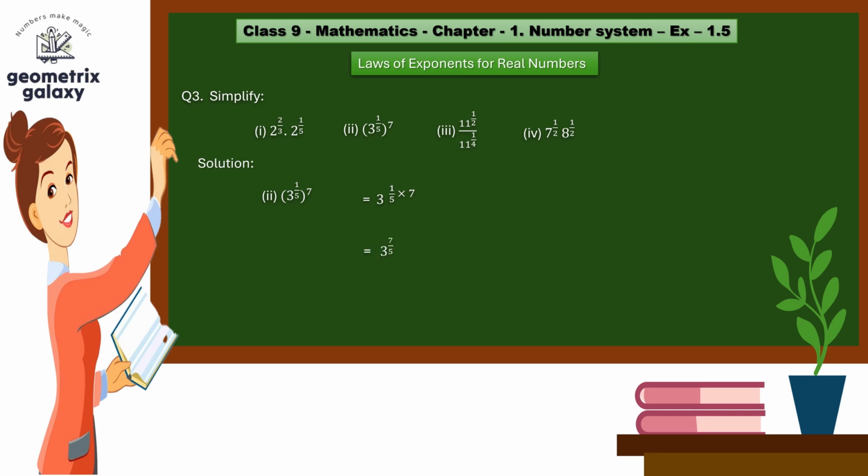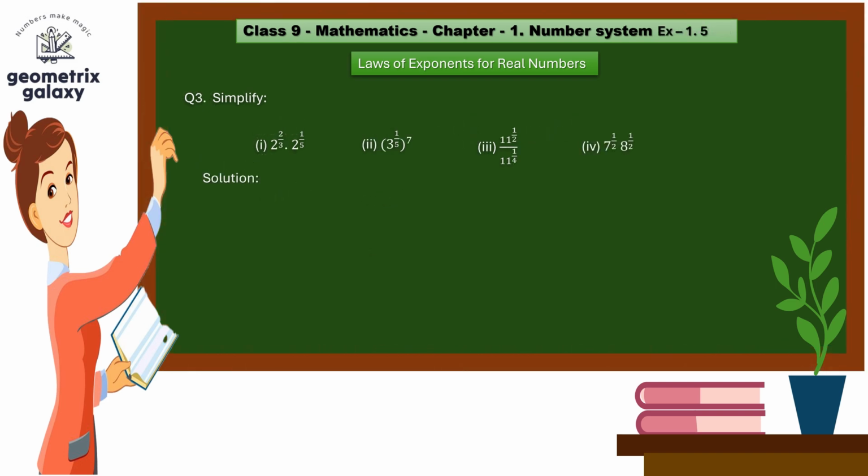Third subdivision is 11 to the power 1 by 2 divided by 11 to the power 1 by 4. Now here the operation is division. The bases are same but the powers are different. So here what we will do? We will write the base and subtract the powers. So 11 to the power half minus 1 by 4.